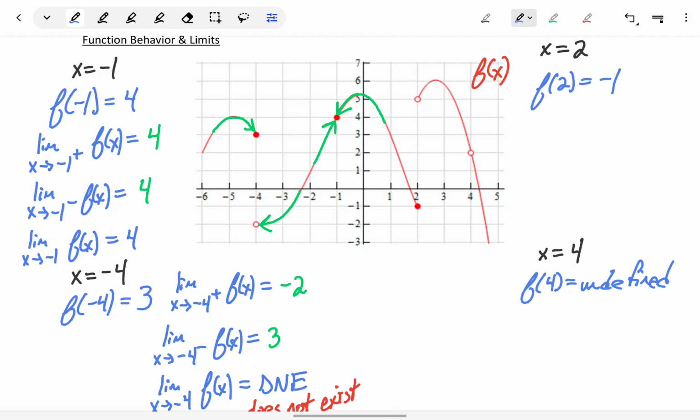We'll look at what's happening around x equals 2. Again, considering the one-sided limits. First, we'll approach x equals 2 from the right. We're approaching a function value of 5.